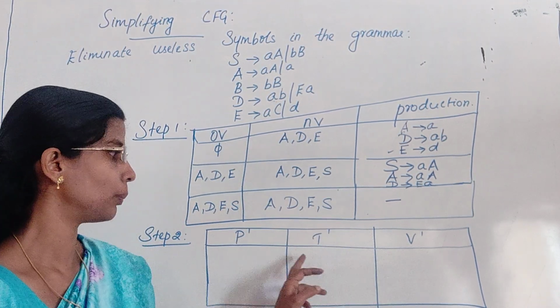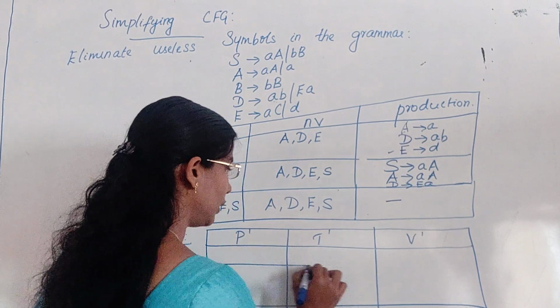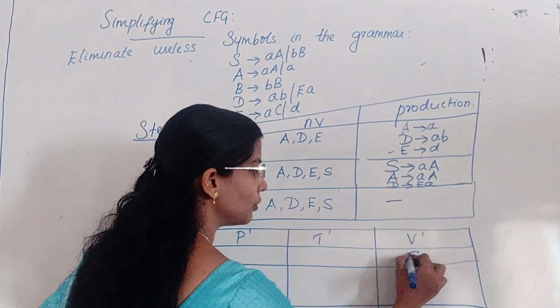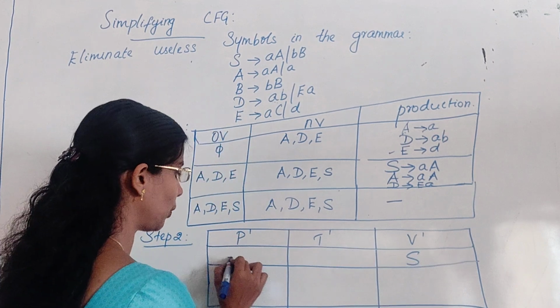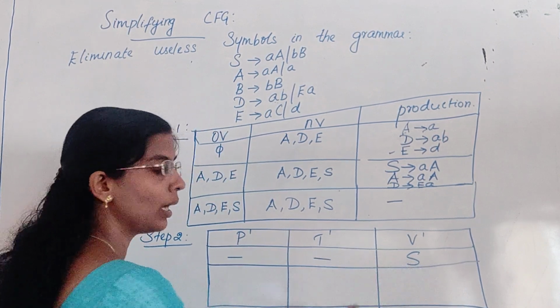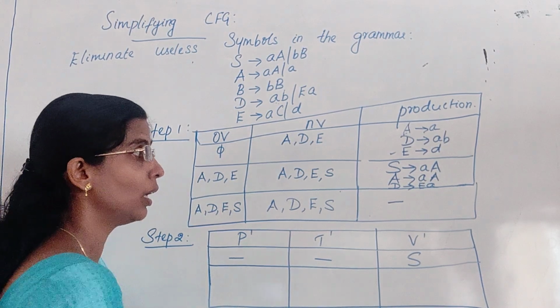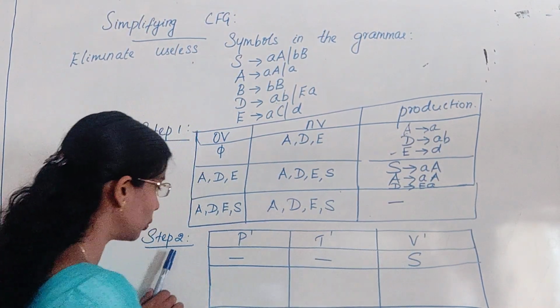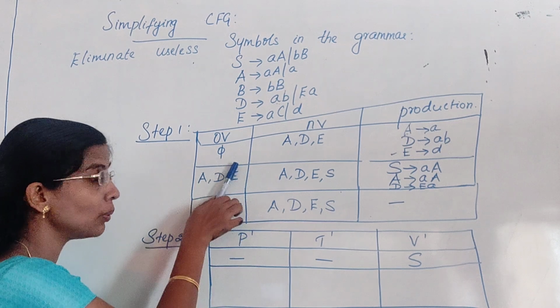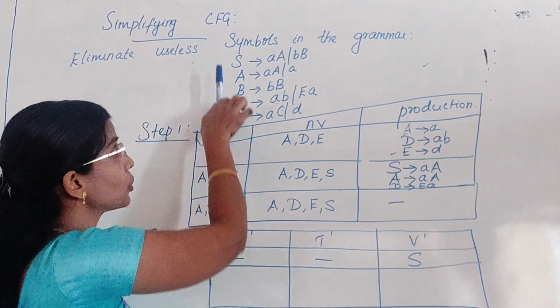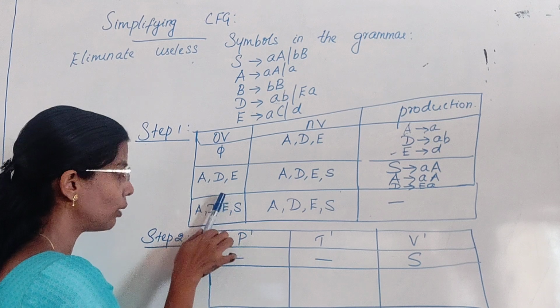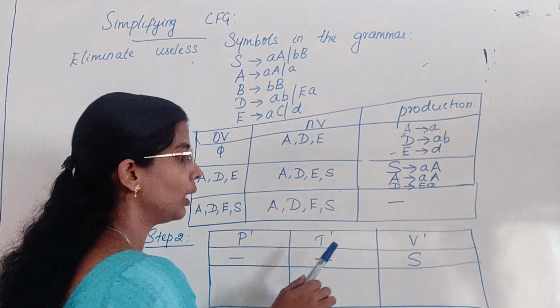I should start with my start symbol. Initially the production is null and the terminal is null. While doing step 2, you have to see only step 1. You should not see these productions.